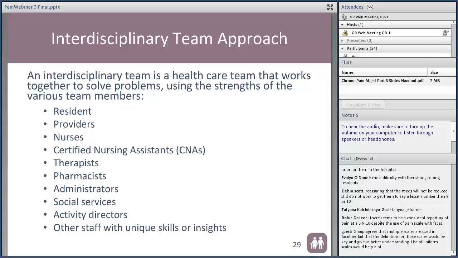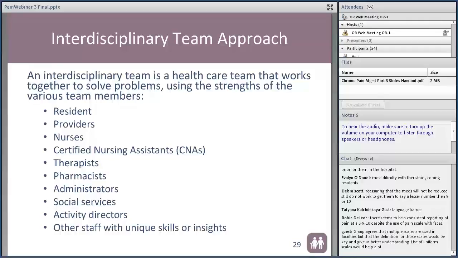Therapists, I know, like I said earlier, their therapy sessions are often interrupted because of the pain. Get them involved so that we can work with them, and they work with us, so that the resident is able to complete their therapy sessions without having a lot of pain.